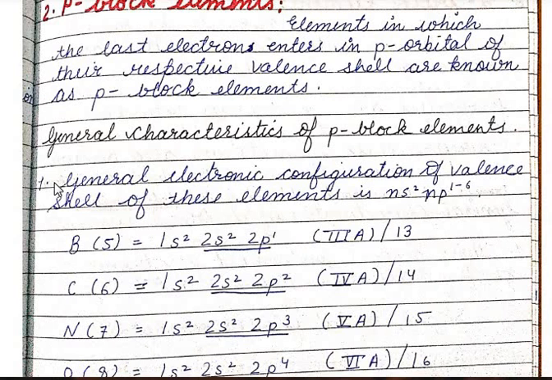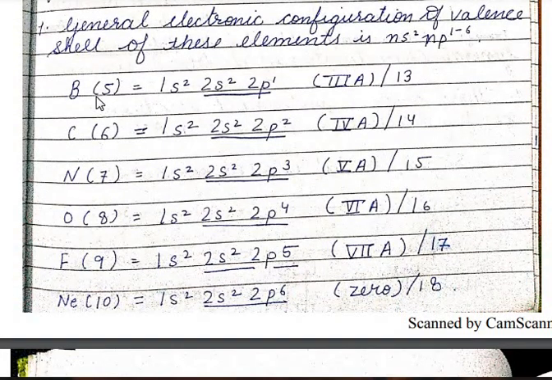Number 1. The general electronic configuration of the valence shell of these elements is ns2 np1 to 6. For boron with atomic number 5, electronic configuration is 1s2, 2s2, 2p1.